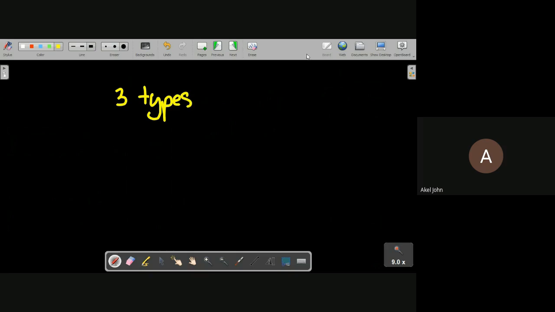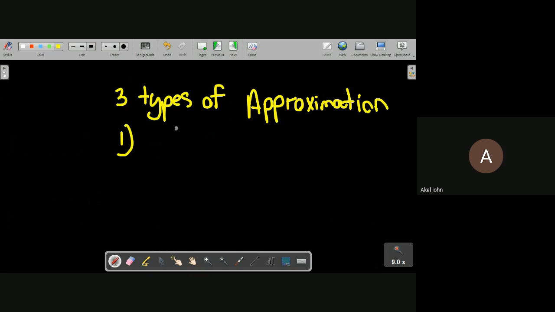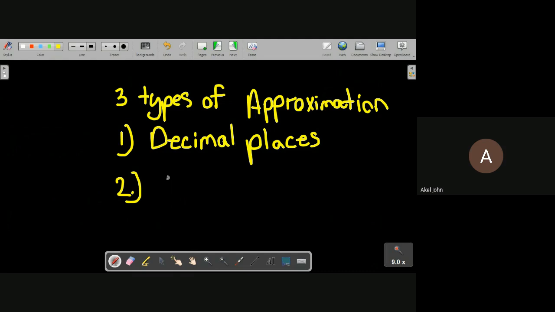So three types of approximations, which includes and is limited to decimal places, significant figures, and nearest whole.